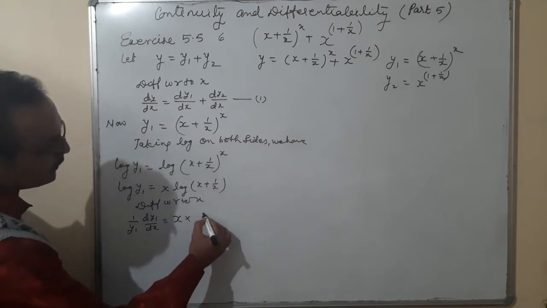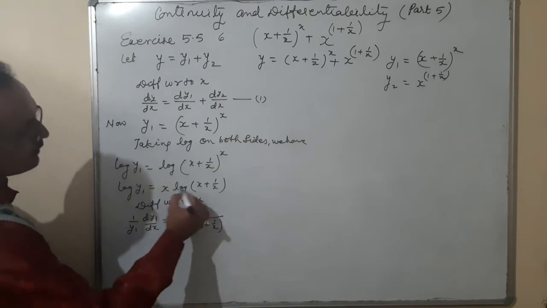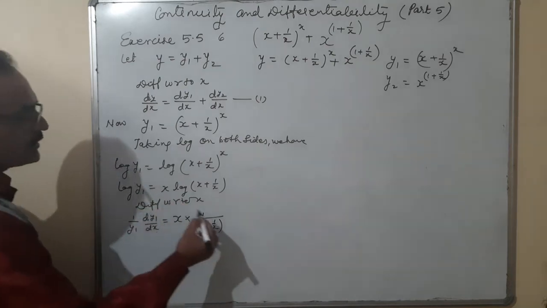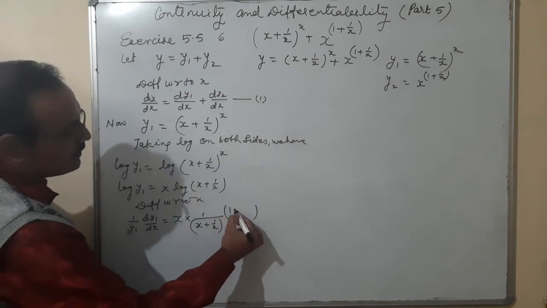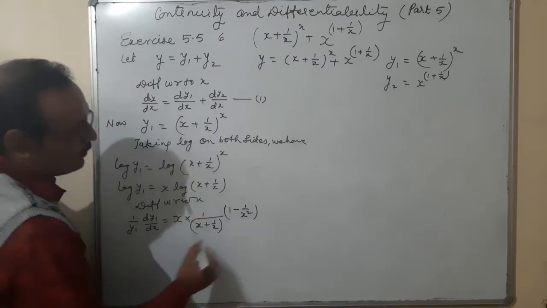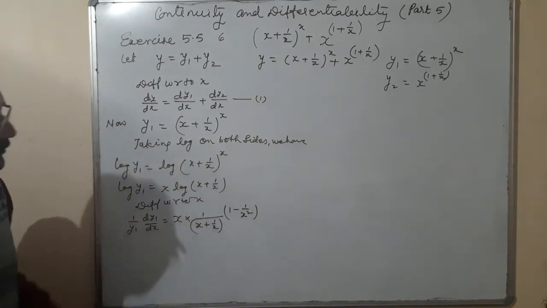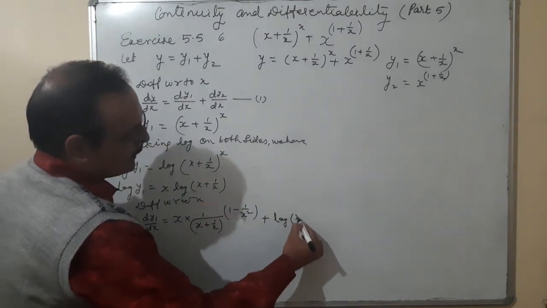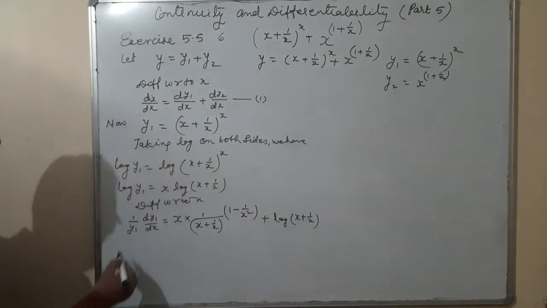So x times 1/(x + 1/x), then first function times differentiation of the second function: still the differentiation of x + 1/x is left. Differentiation of x is 1 and differentiation of 1/x is minus 1/x^2. Okay, this is first function. Now differentiation of second function: plus second function log (x + 1/x), and differentiation of x, that is 1.